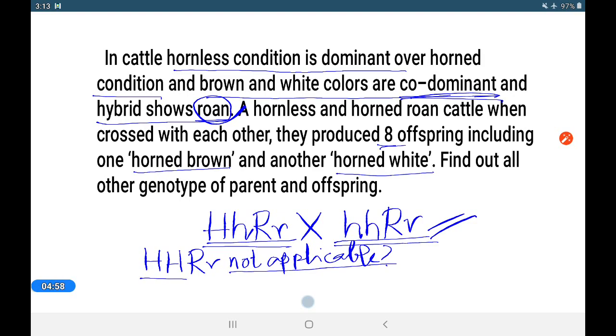It can be homozygous or heterozygous, like the previous one. Out of that, which one is applicable, you have to find out. Stop the video and write this in your copy. So this is your task.